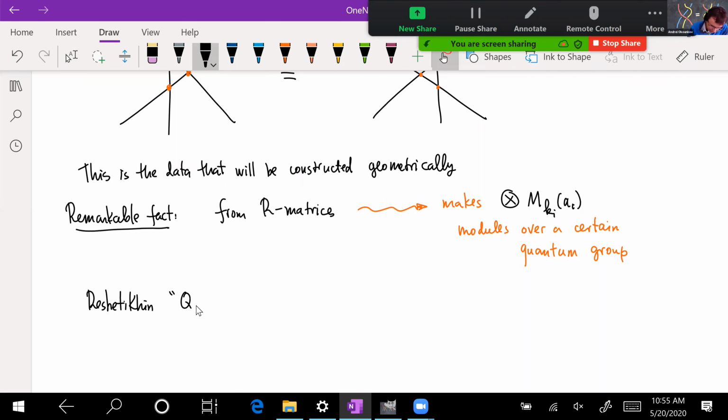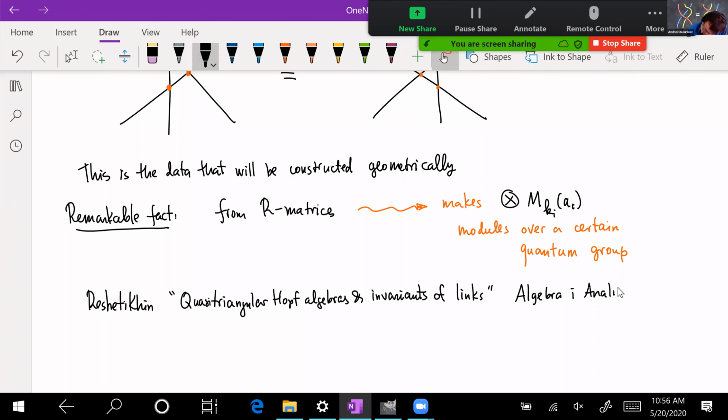It's called Quasi-triangular Hopf algebras and invariants of links. It was published in Algebra and Analysis, volume 1, the very first volume, 1989.